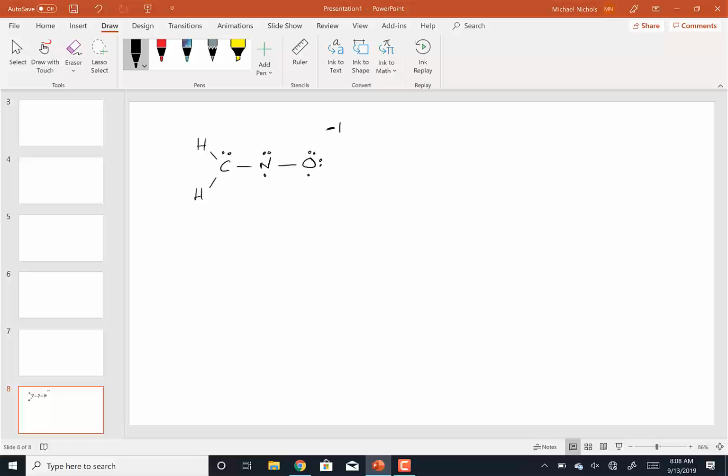There's no hydrogen on the oxygen. Okay. So you're starting with this one. You want to start moving the unpaired electrons and lone pairs around. But there's no hydrogens on that oxygen.